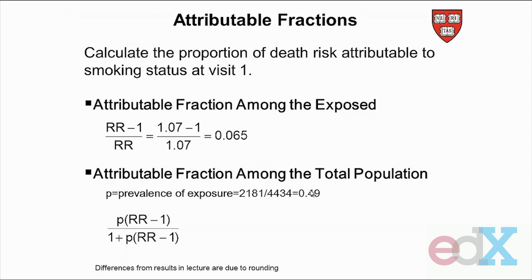So our prevalence of exposure is going to be 0.49, and then we can now plug that into our formula for the attributable fraction among the total population, and 0.49 times 1.07 minus 1 divided by 1 plus 0.49 times 1.07 minus 1 gives us a result of 0.033. So 3.3% of the risk of deaths in the total population can be attributed to smoking.